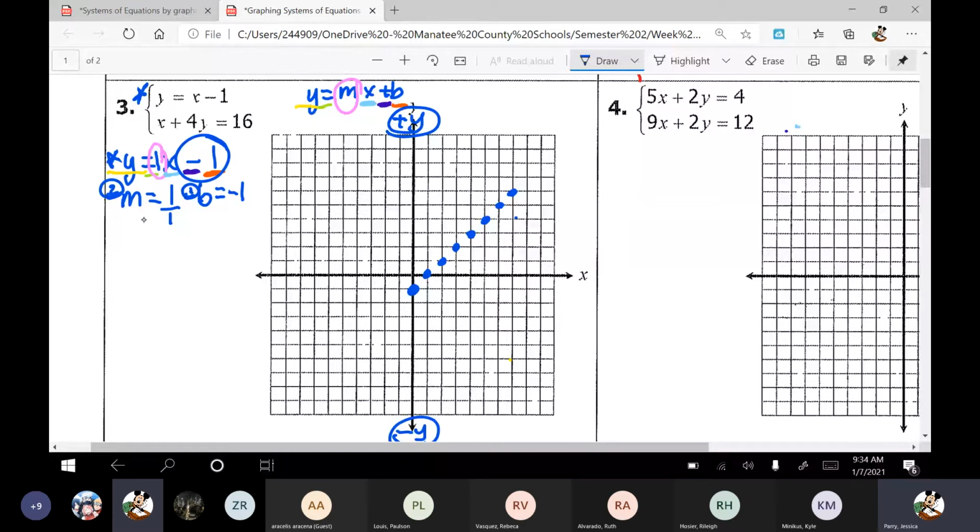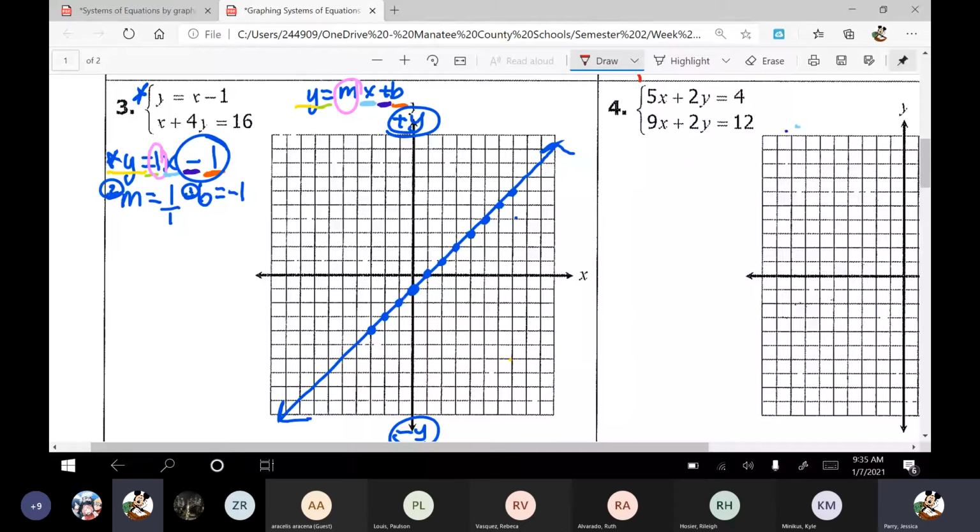I know I didn't run out of space, but let's just pretend. The opposite of up and to the right is down and to the left. So down and to the left, down, left. That's the same thing. You can draw your line all the way through the entire graph. So there's my first equation.